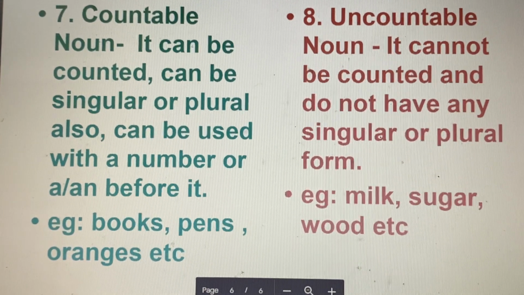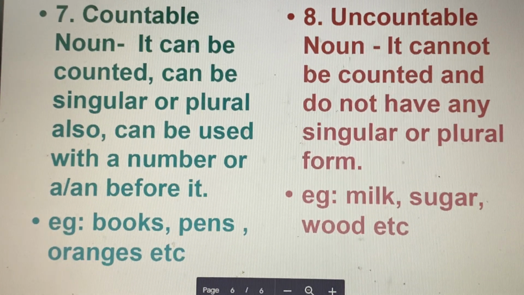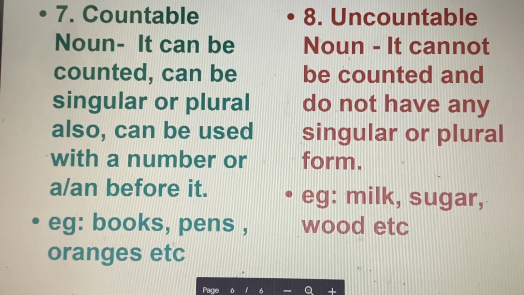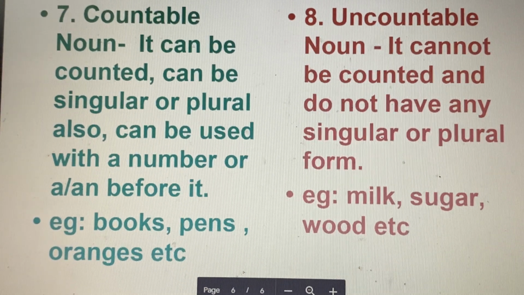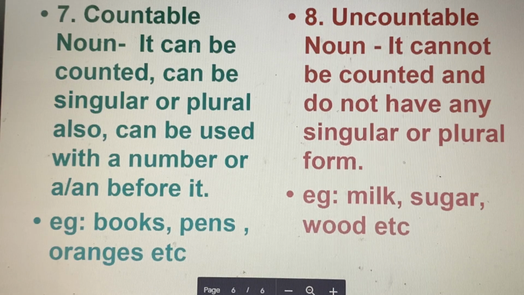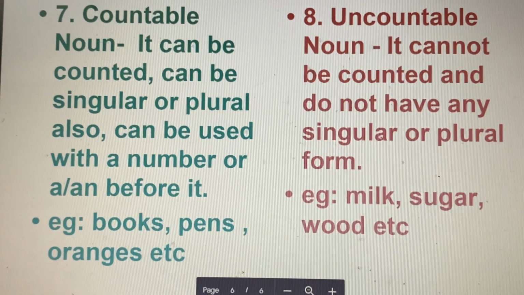Example: rice. You cannot say we want one rice or two rice. You can always say 1 kg of rice. There are no singular or plural forms. You cannot say one rice or two sugar. You can use words like some, little or few.